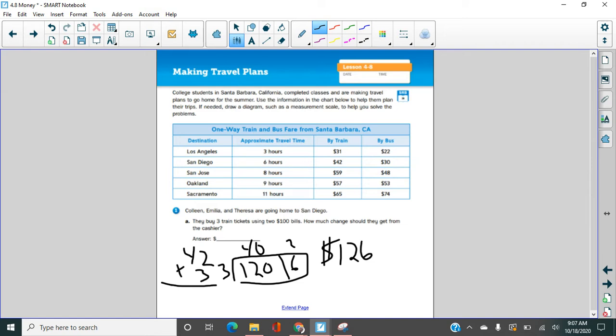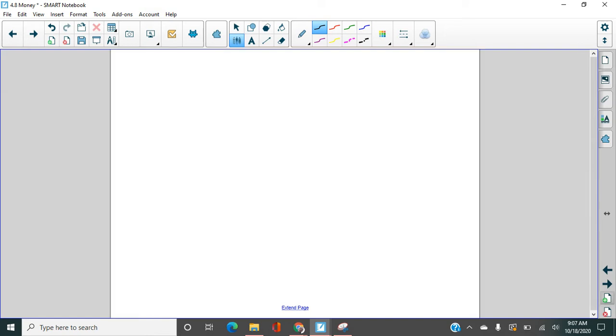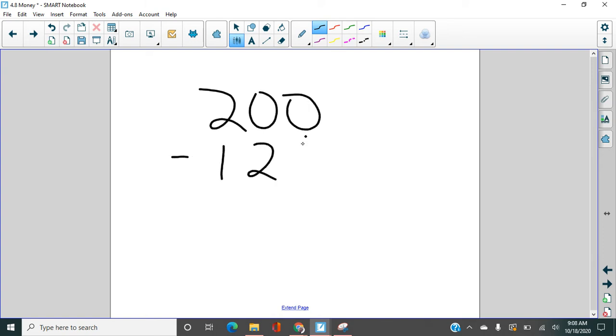All right. The question is, how much change should they get from the cashier? How much change should they get? Well, I need to take their 200. Why 200? Because they had two $100 bills, minus 126. Can't do 0 minus 6. Nothing here. Borrow from the 2. Now I have 10 here.